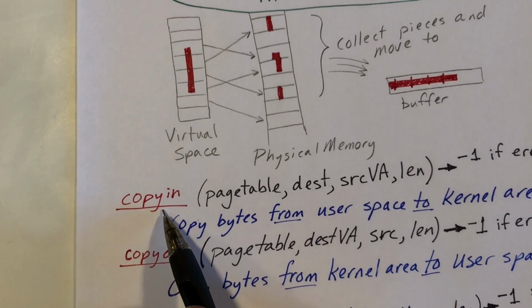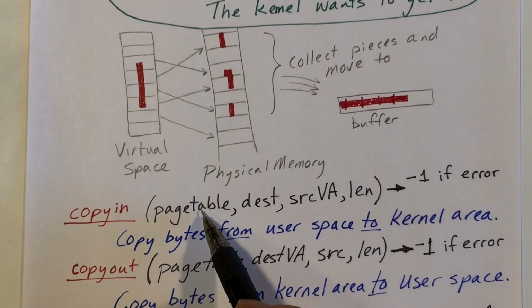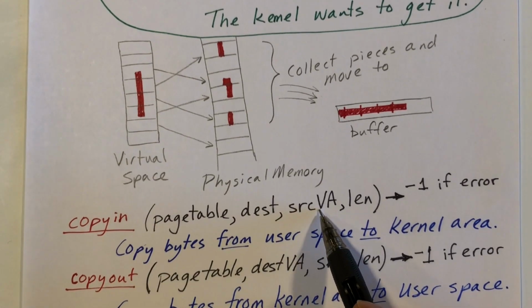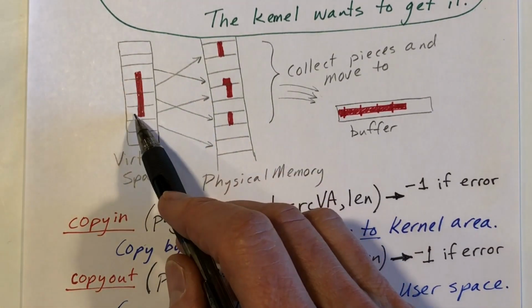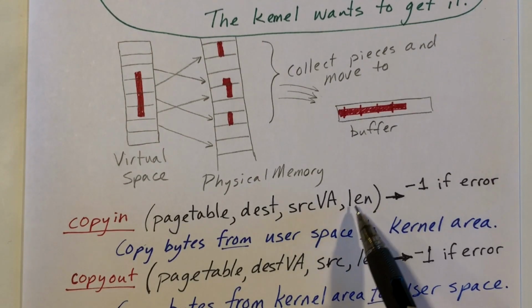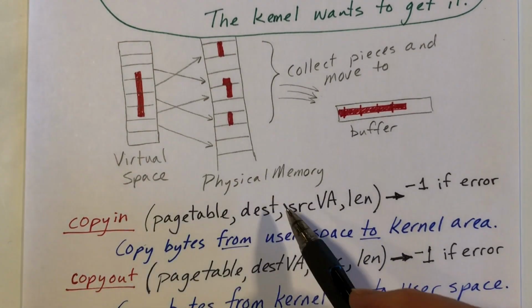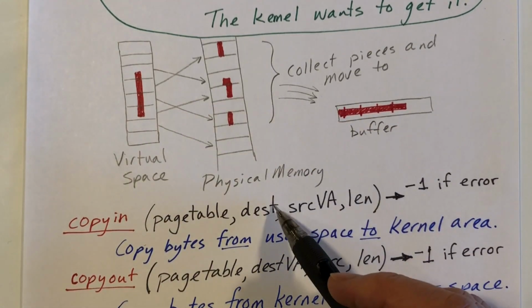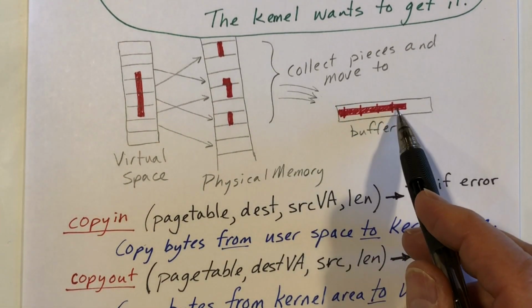So let's start with copyin. It's passed a page table and the virtual address from which to get some bytes, as well as the number of bytes we want to obtain. And it's passed a place like the address of this buffer here, where it wants to store the bytes.